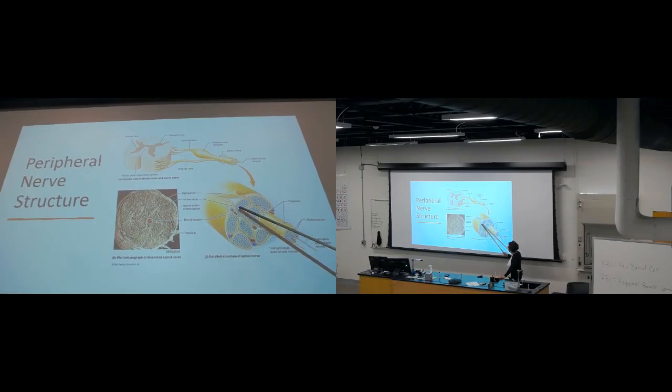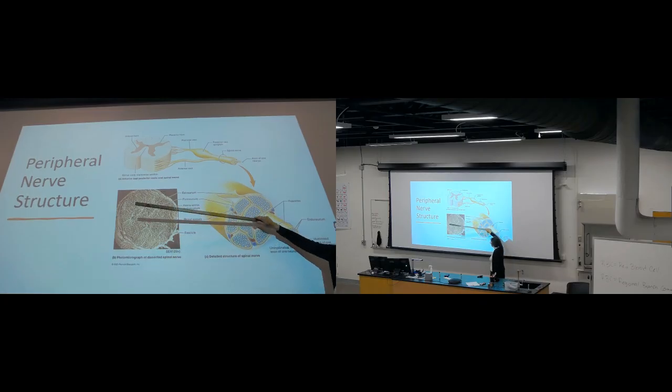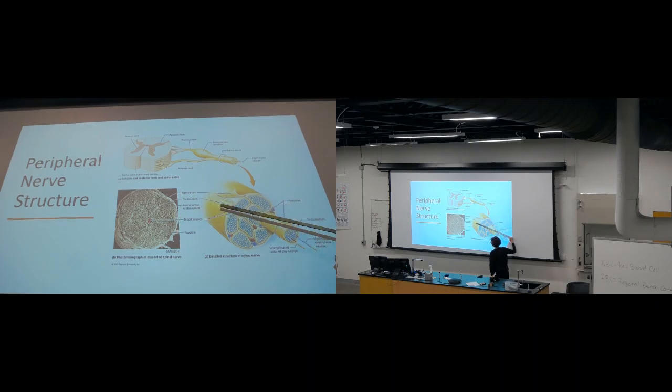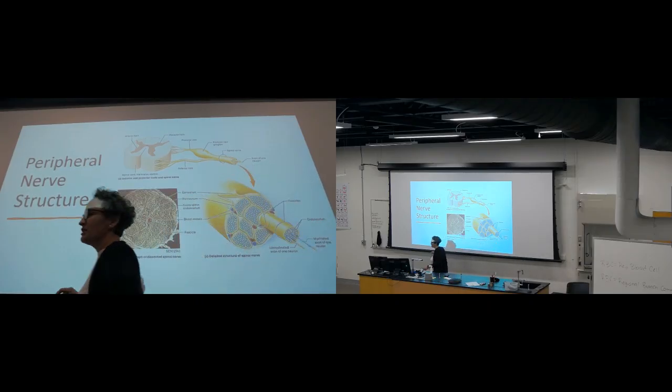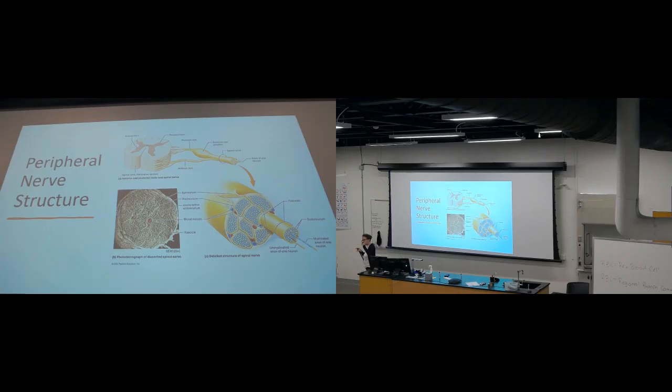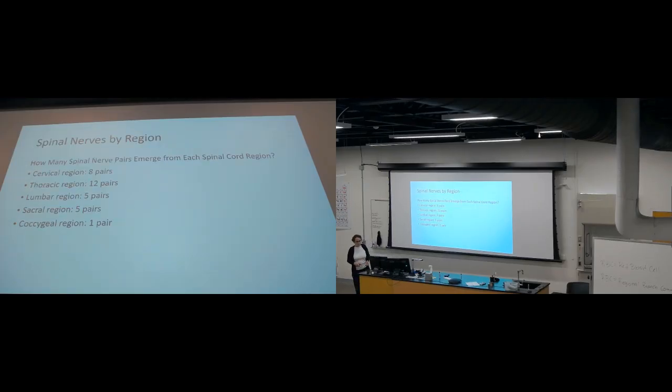So we have arteries, blood vessels that bring blood supply to these axons, and veins that carry blood away. If you make a section of this nerve and look at it with a scanning electron microscope, you can see all these components. It's like the model that you had, a conduit with a bunch of wires encased in plastic. We will see that again, but that's what it represents: a nerve. So that's a peripheral nerve.